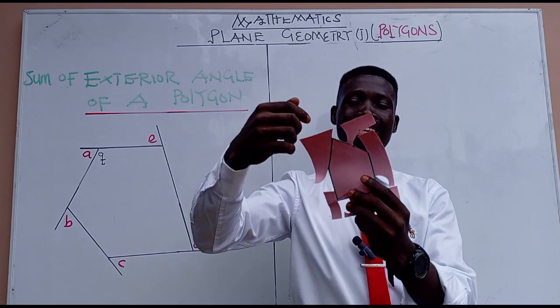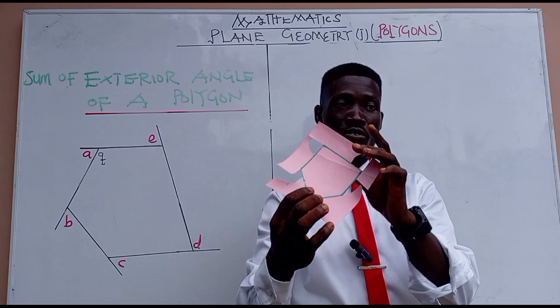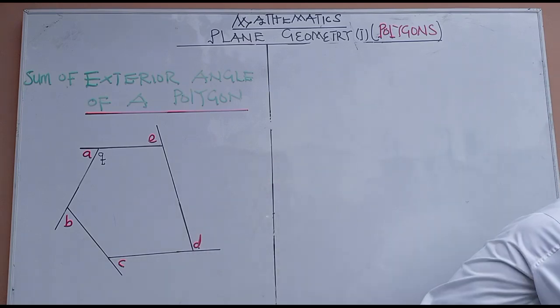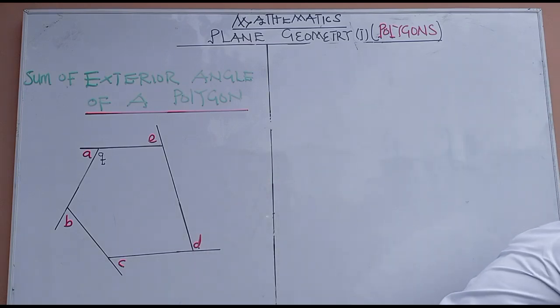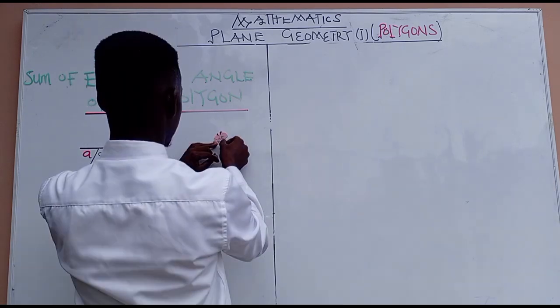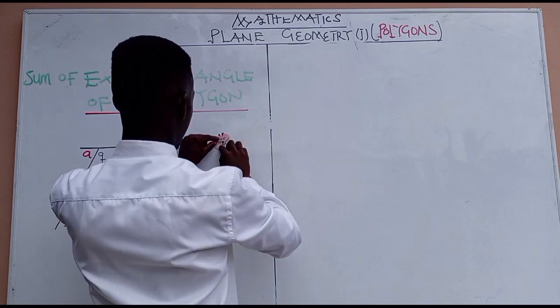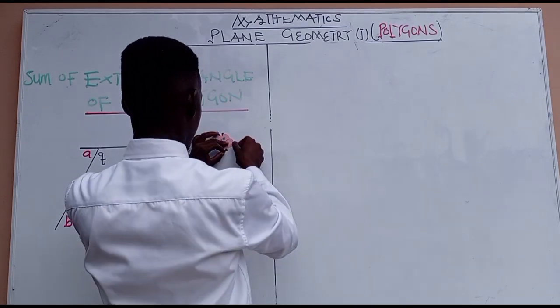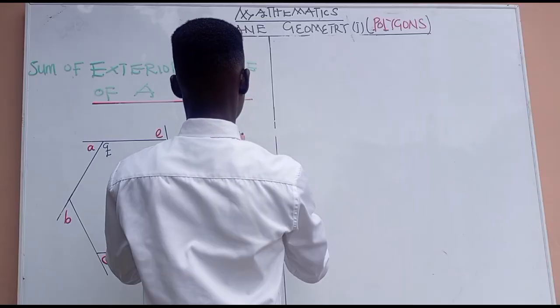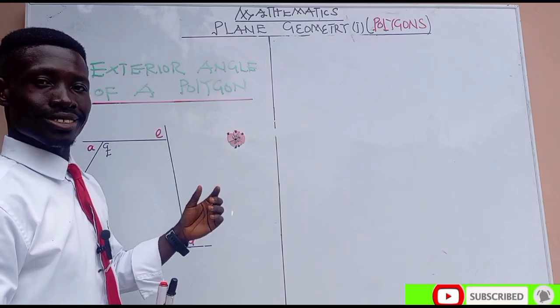So this is the polygon that I detached the external angles from. Good.